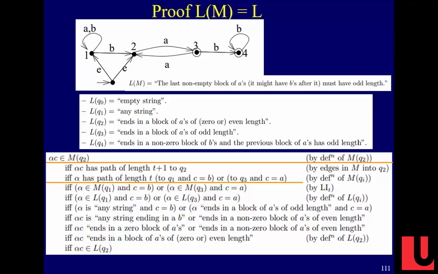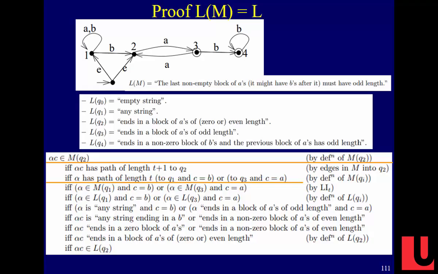Oh, here's a puzzle. Why did I not talk about Q0? Yeah, it's the empty string, and I'm assuming my string is at least t plus 1. I'm assuming C is a character, so I got off the hook.